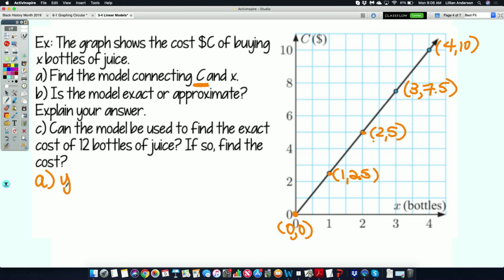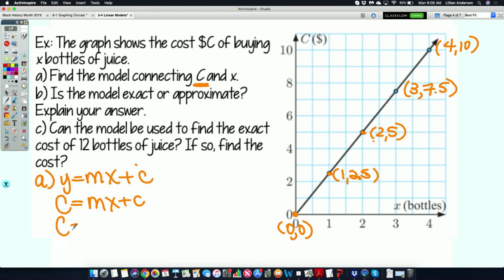In this case, we don't have x and y, we have x and C. C, as in cost, would be your y. So it would be y equals mx plus lowercase c.